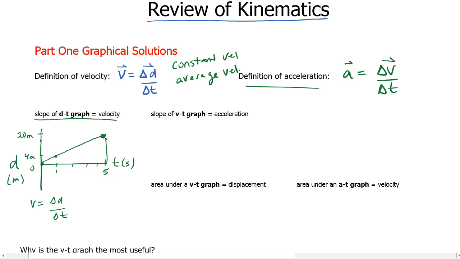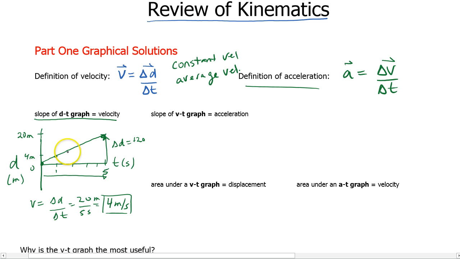The delta d part: it went up 20, in other words 20 minus 0. How much time went by? It looks like 5 seconds went by from the beginning to the end. 20 meters divided by 5 seconds, it's going at a velocity of 4 meters per second. Okay, so it works great.